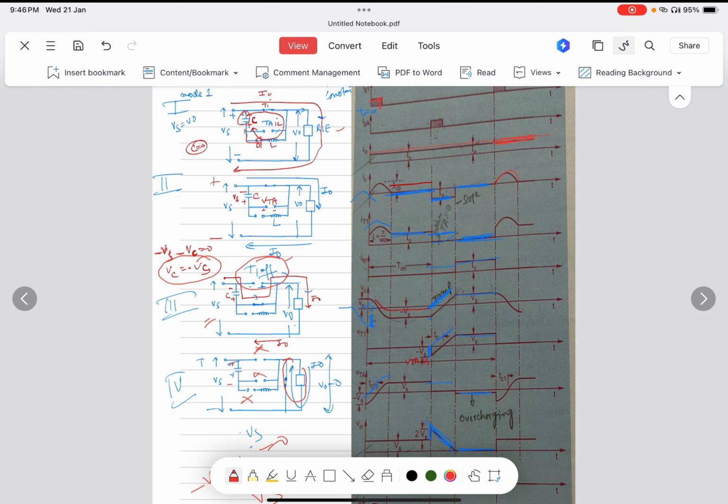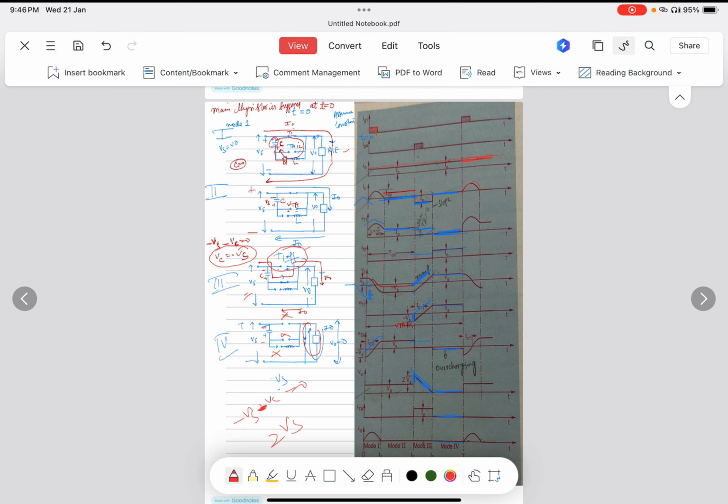Also you can see mode 4 here. In mode 4 you can see that the charging current is 0. Why is it 0? Because there is no path to discharge. Also the thyristor T1 is off, so its current is also 0. So the freewheeling diode is conducting. How is it conducting?